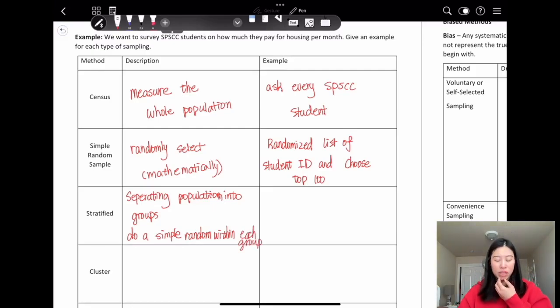Such as, we separate the SPSCC students by major and randomly select 10 students from each major. The key point here is that you need to select from each group.